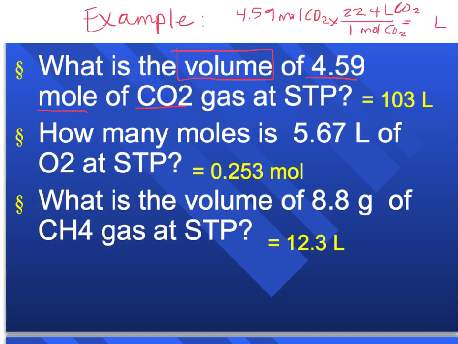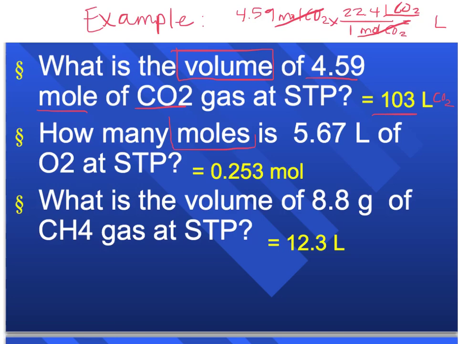So we're just going to do the math on this, and so 4.59 moles of carbon dioxide times 22.4 liters of carbon dioxide divided by this. Our units here cancel out, leaving us in liters of carbon dioxide, gives us a value of 103 liters carbon dioxide.